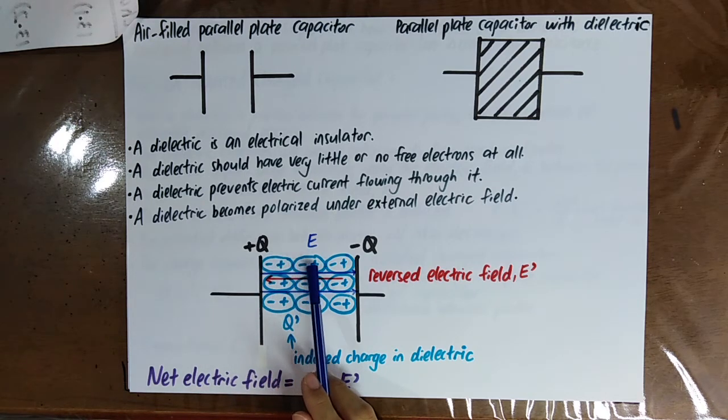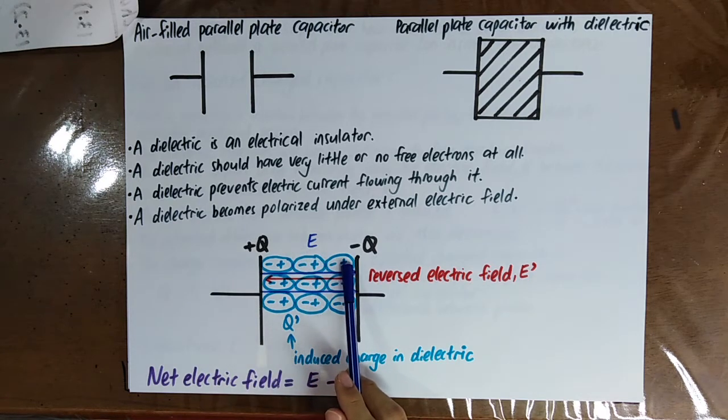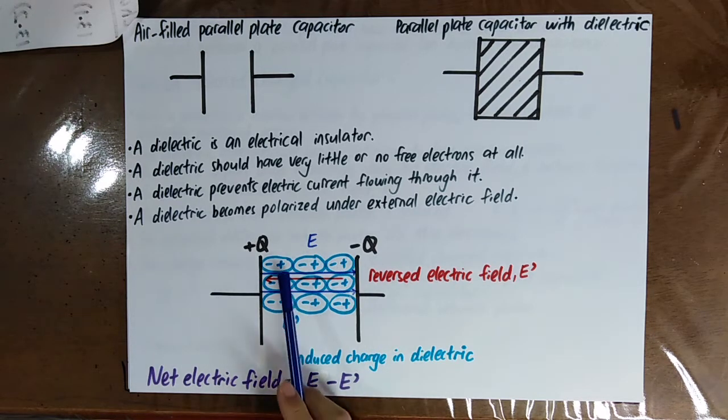This is negative charge, this is positive charge, and the process repeats. But then, the induced charge in the dielectric should have a smaller amplitude. That means that the magnitude of the induced charge should be smaller than the charge of the parallel plate. But I will show you later on.